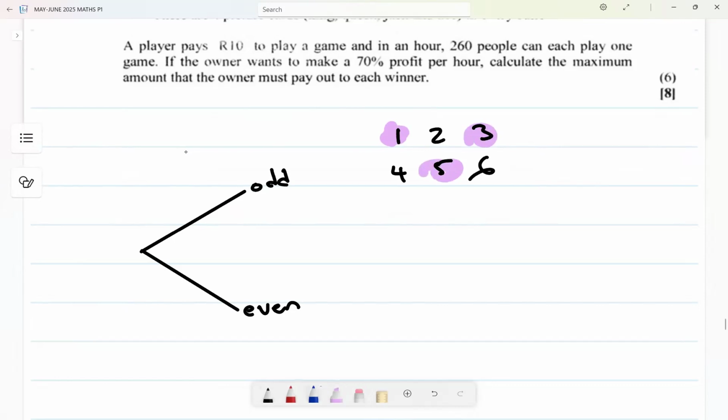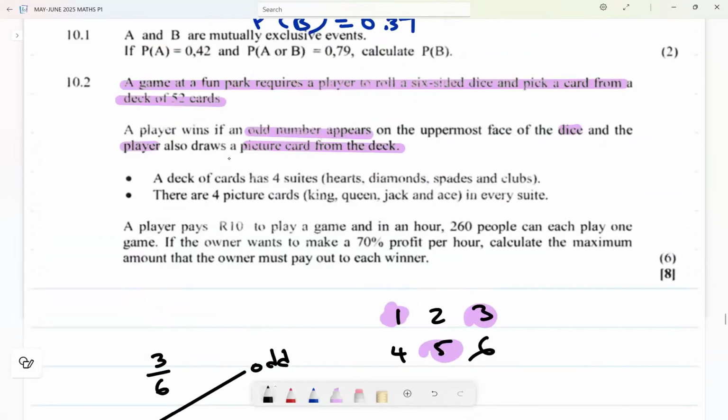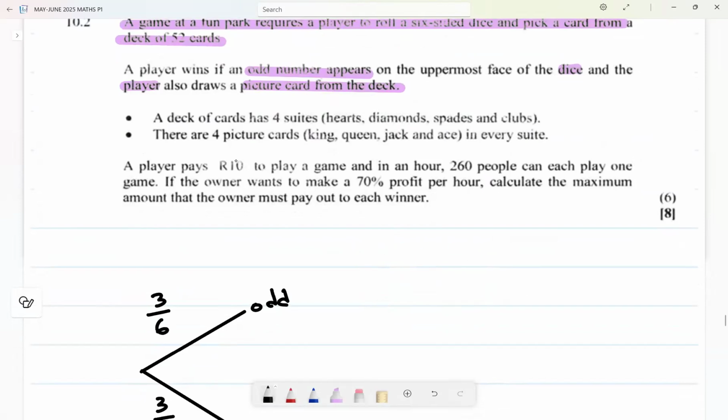So 3 out of 6 are odd, and 3 out of 6 are even. It is the number that is even, not the dice itself.